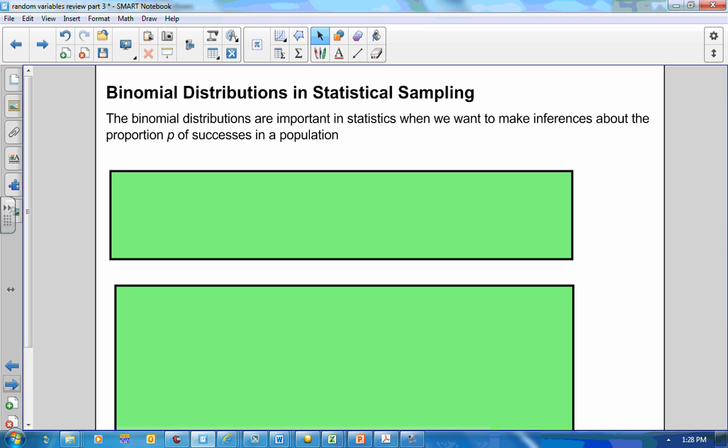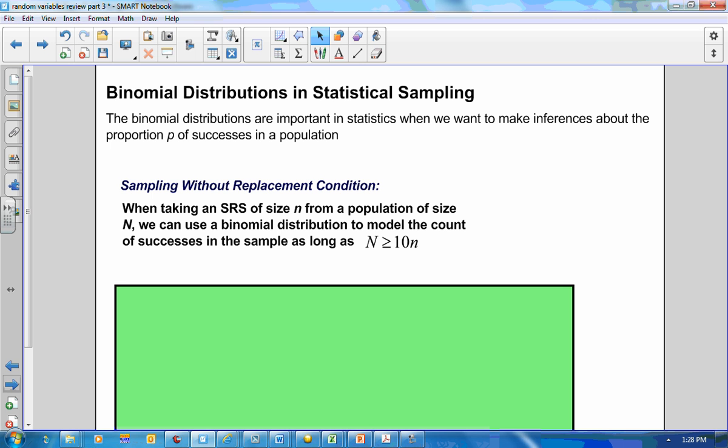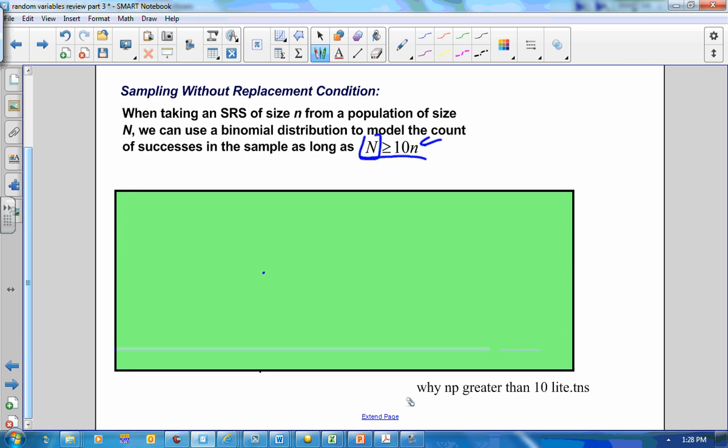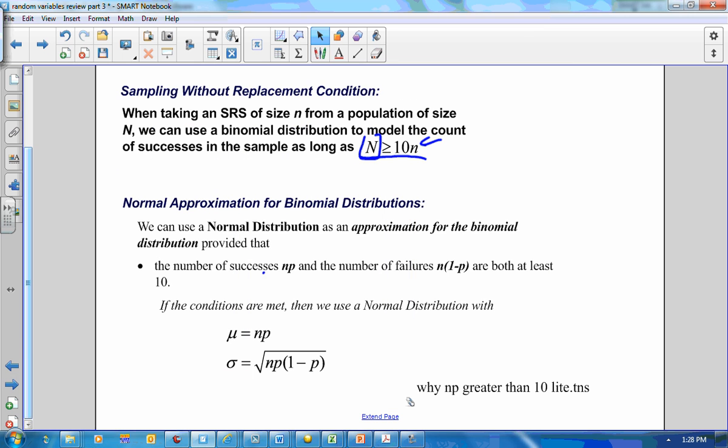We've been doing statistical tests for population proportion. So we know that when we're sampling without replacement, we can use a binomial distribution as long as our population is at least 10 times our sample size, so big N is our population size and little n is our sample. And we also know that in order for a normal model to be appropriate, the number of successes and the number of failures has to be at least 10.